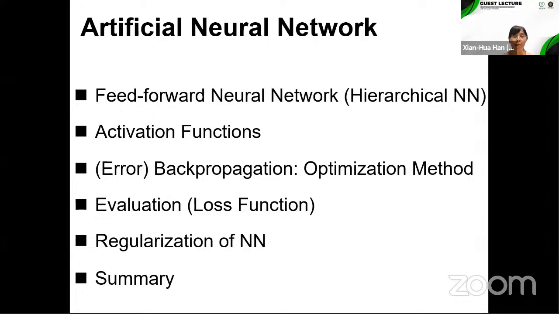We use error back propagation, and what's the evaluation criteria? There are some problems in neural network training, and how can we solve these issues? For example, we can use regularization of the neural network. Finally, is a summary.